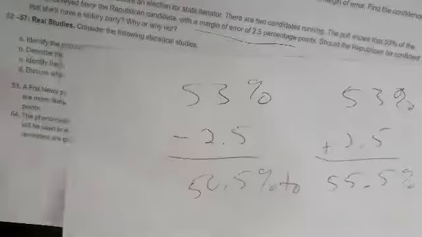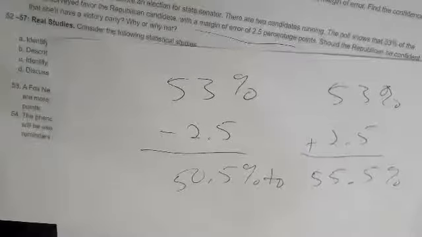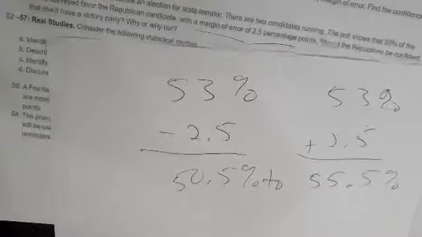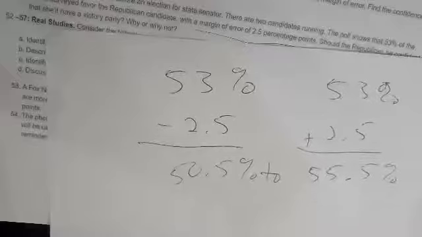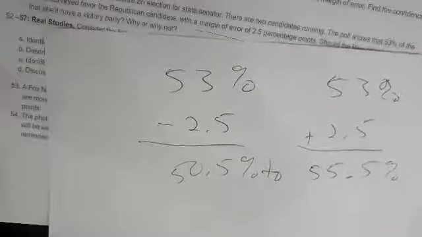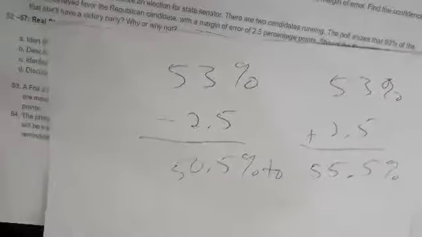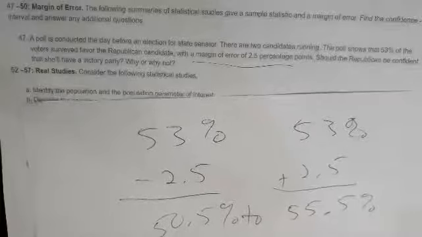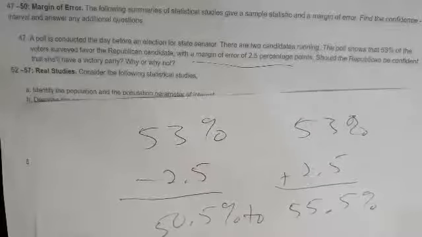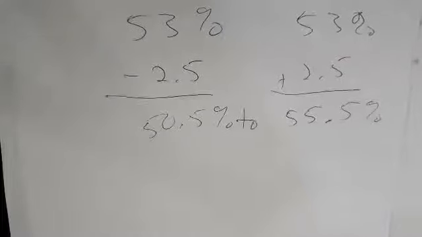Should she be confident that she'll have a victory party? What does it say? Does it say she needs a majority to win somewhere? Am I reading that somewhere? I feel like that should say majority to win, right? It says it nowhere there. So I'm going to make the assumption that she needs a majority to win. So if she needs a majority to win, how much does she need to win? At least what?